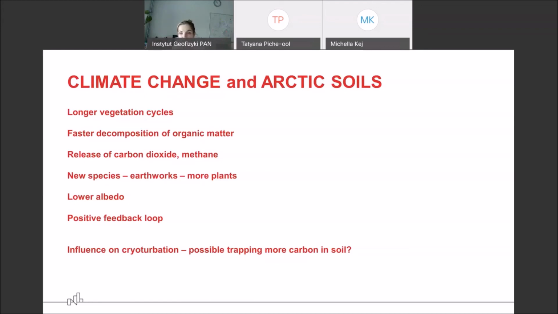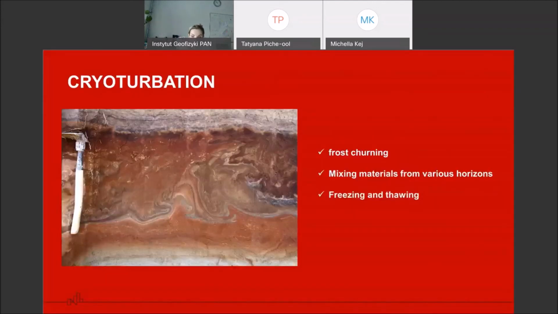But there is also some good news, or it is considered a possible natural counteraction. With cryoturbation, we might actually trap more carbon inside. Like I said, the carbon is probably translocated deeper into the soil, so it's not released then.